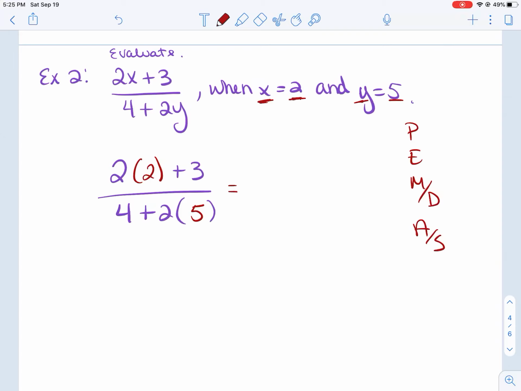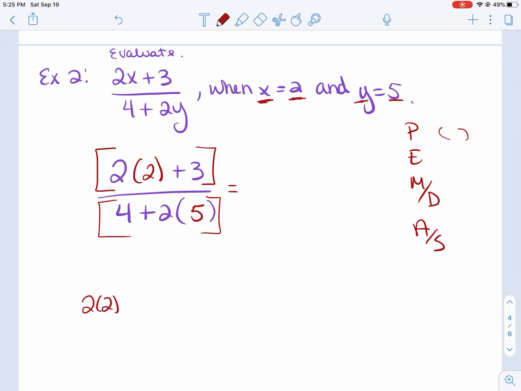So parentheses first, and remember parentheses also just means any grouping symbols. Well, by creating this fraction here, the numerator is one group and the denominator is another group. So first let's simplify what's in the numerator, following our order of operations, again, like it's its own problem.